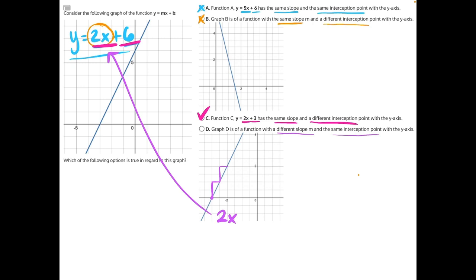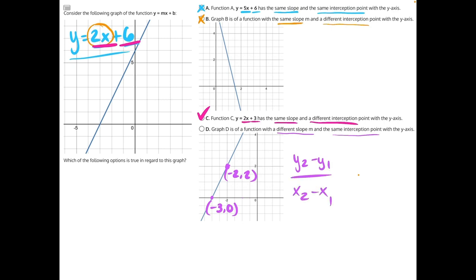And again, if there wasn't a clear visual, you could pick 2 points and use your slope formula, and I'll show that as well. Let's pick (negative 2, 2) and (negative 3, 0). We can pull those out to the side and have y2 minus y1 over x2 minus x1. So we would have 2 minus 0, over negative 2 minus negative 3.